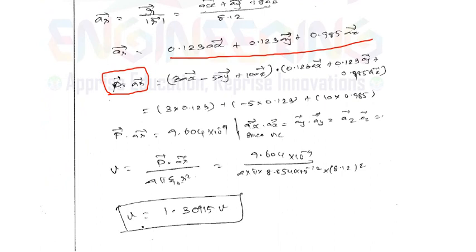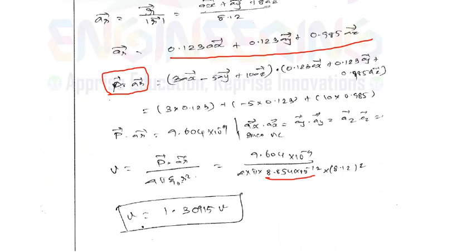So 9.604 into 10 power minus 9 divided by 4 pi epsilon naught r square. Since we know the value of r, you can mention that here, 8.12 the whole square. For epsilon naught it is an already known constant value, 8.854 into 10 power minus 12.